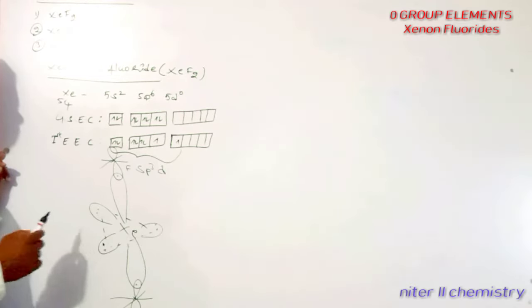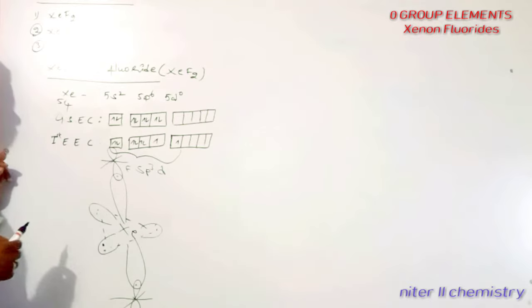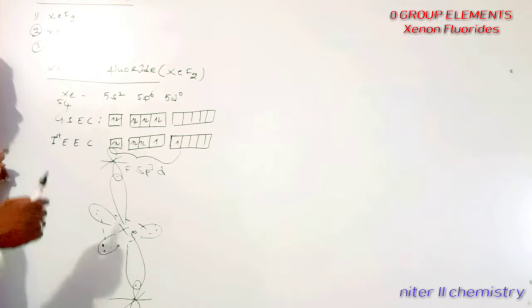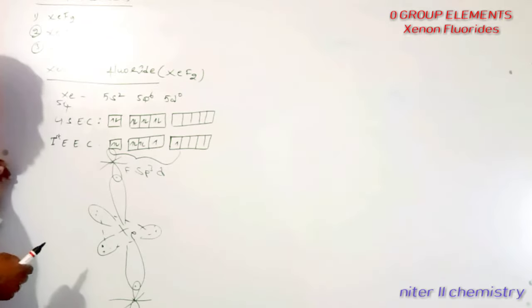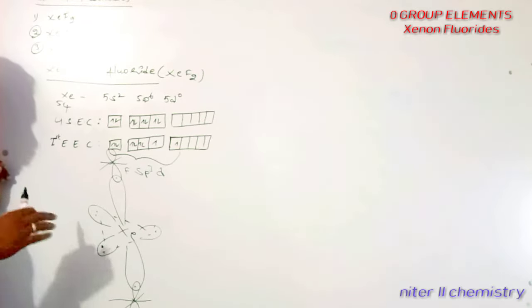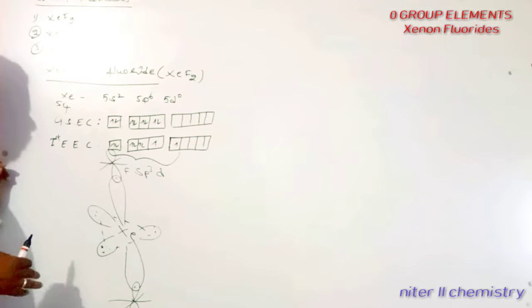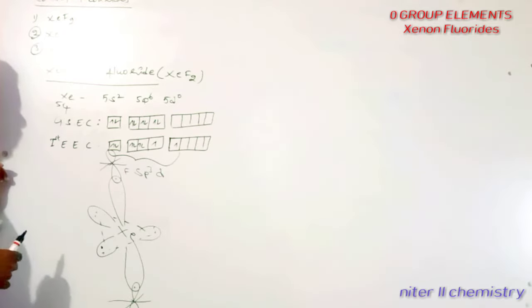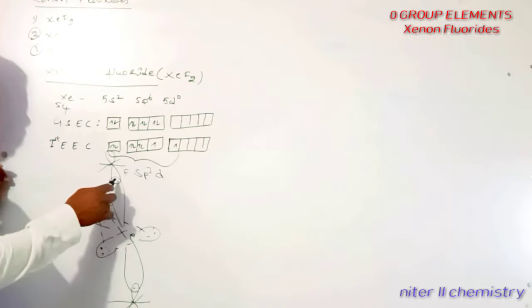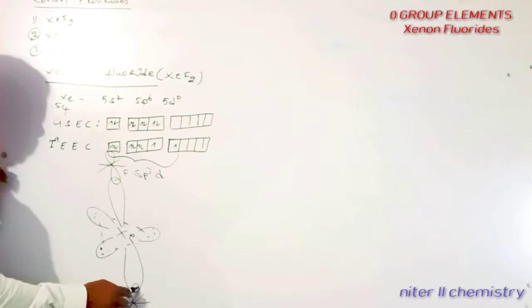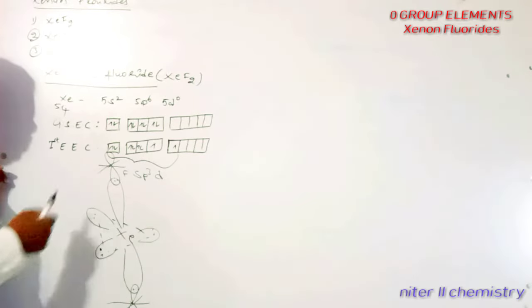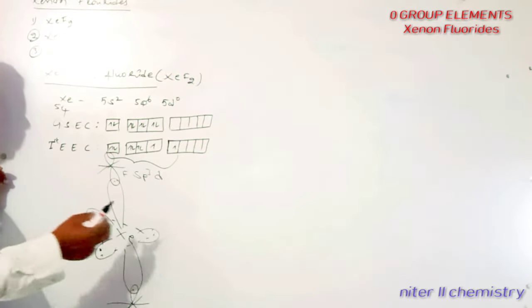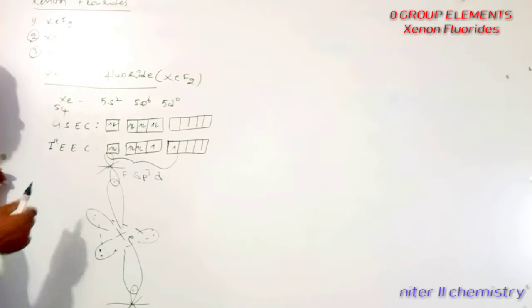According to hybridization, if any molecule is undergoing sp3d hybridization, the geometry of the molecule is trigonal bipyramidal. But according to VSEPR theory, the 3 lone pairs are in the trigonal plane. So these 3 lone pairs are very near to the xenon.